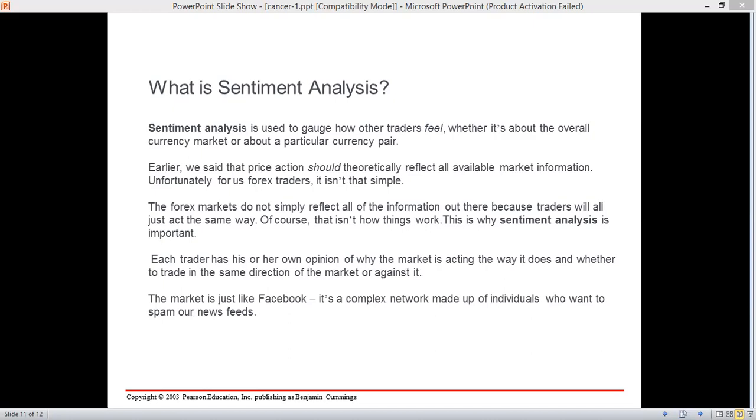Each trader has his own opinion of why the market is acting the way it does, whether to trade in the same direction as the market or go against it. The market is just like Facebook. It's a complex network made up of individuals who want to spam our news feed.